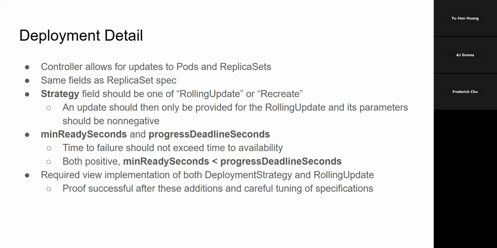So min-ready seconds here should always be smaller than progress deadline seconds, but progress deadline seconds might not exist. So does that mean min-ready seconds can be as large as it wants? The answer is no. It still has to be smaller than the default value of progress deadline seconds, which is 600. So the proof requires some careful maneuvering of the spec and execution code.